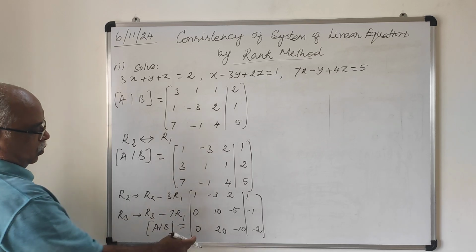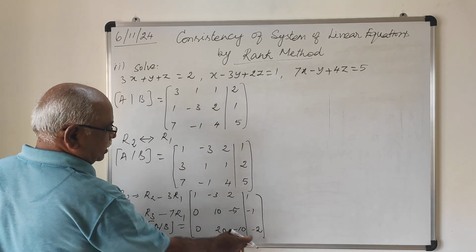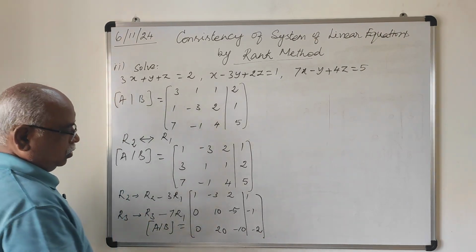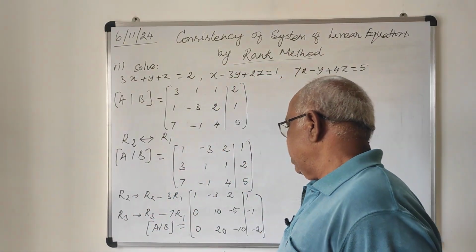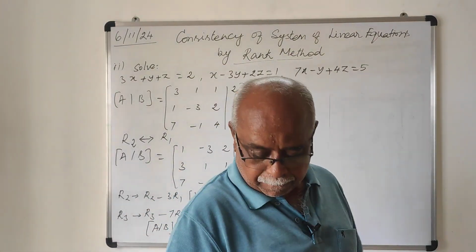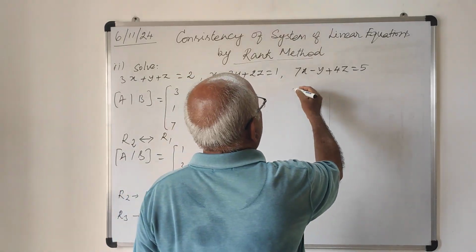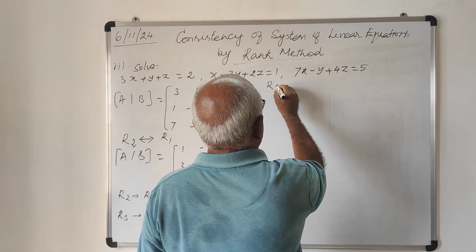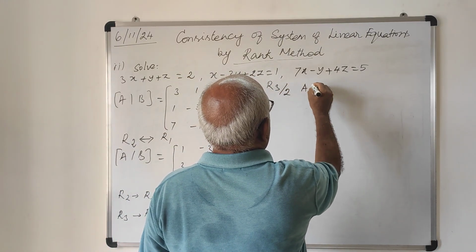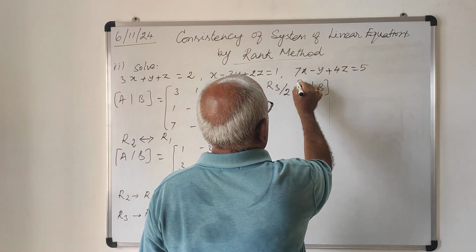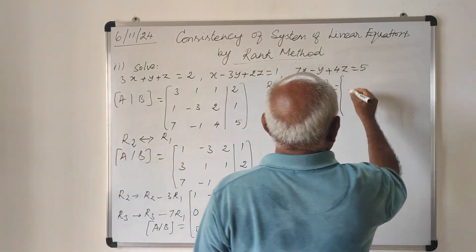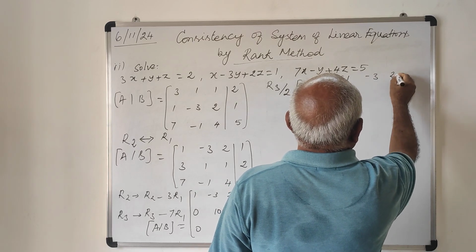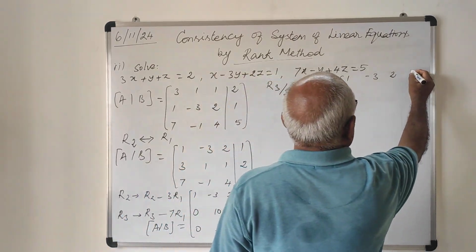Now, R3 in the augmented matrix is divided by 2. So, R3 elements have a common divisor 2, therefore, divide R3 by 2. The augmented matrix AB becomes 1 minus 3, 2, 1.